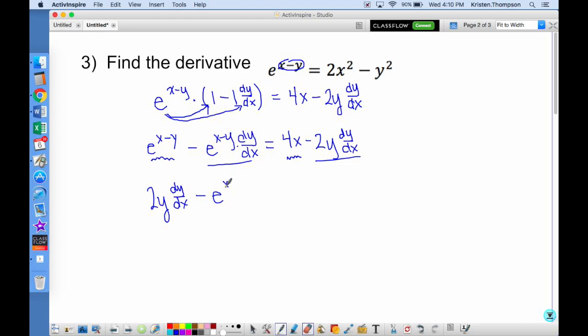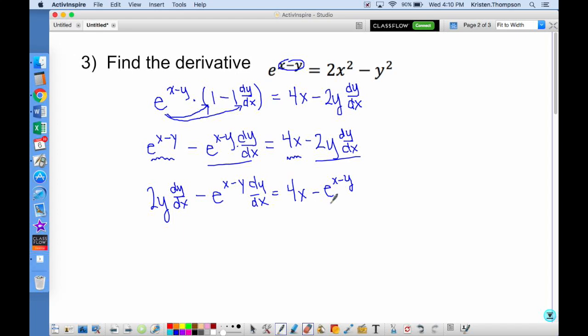I keep my negative e to the x minus y dy dx term. On the right-hand side, the 4x stays, and the e to the x minus y moves over to the left, making it negative.